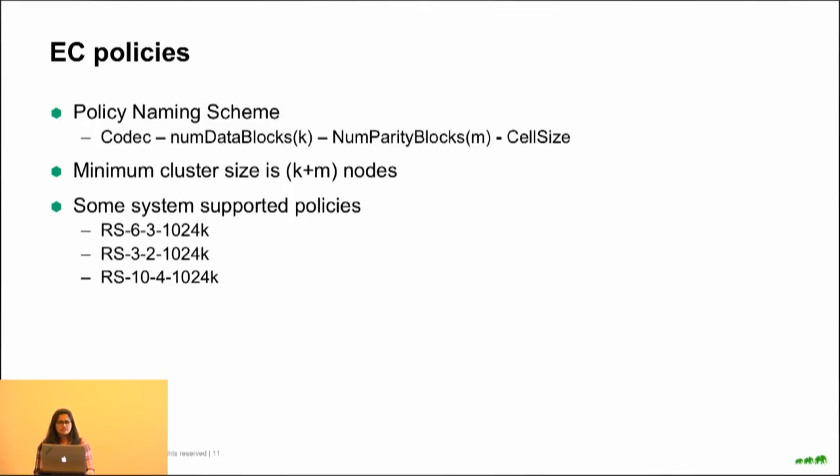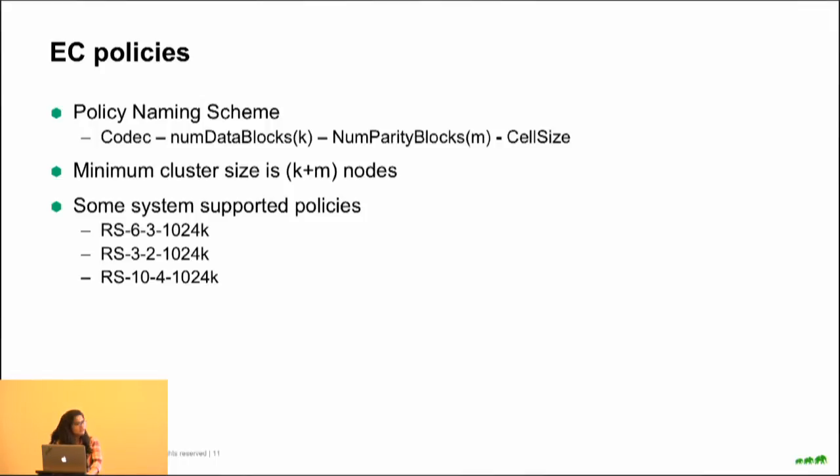The general policy naming scheme followed for erasure coding policies is codec, for example, Reed-Solomon or RS for short, followed by the number of data blocks, followed by the number of parity blocks, and the cell size in the end. So RS-6-3-1024K denotes Reed-Solomon encoding with 6 data blocks, 3 parity blocks, and a cell size of 1 MB.